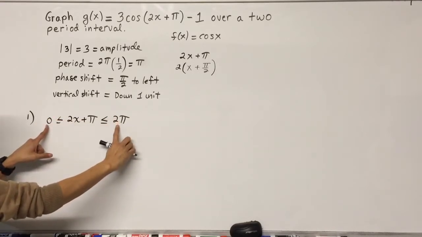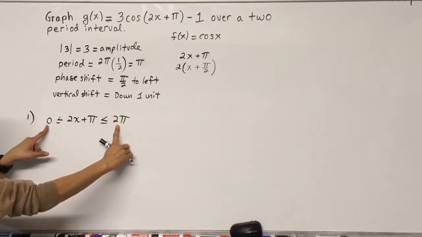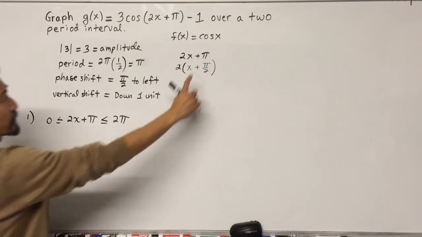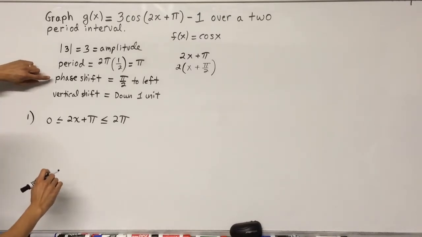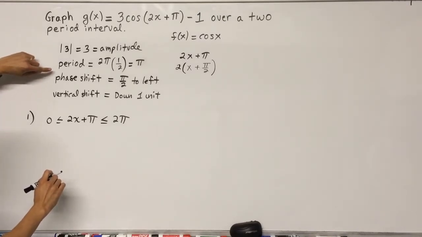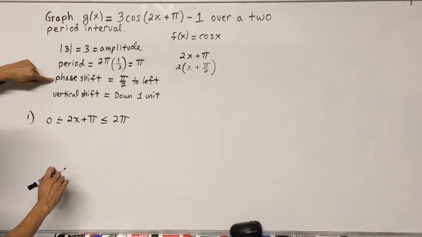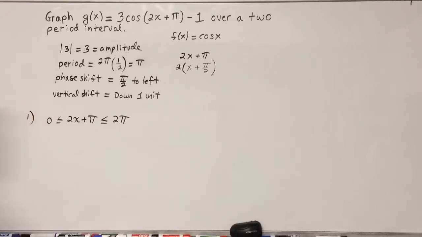And I'm choosing 0 to 2 pi because that is the starting interval for the parent function, the regular cosine. And we want to see how the phase shift and the horizontal stretch are going to affect this interval here.